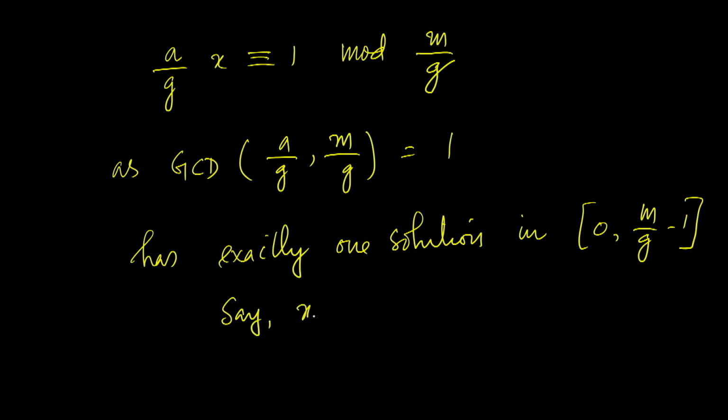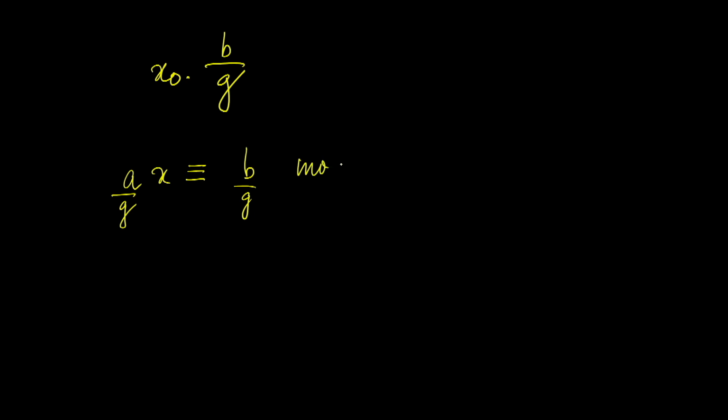Say x naught is that solution. So x naught is a solution of A by g times x congruent to 1 mod M by g. Then let us consider x naught times b by g and substitute this in the original congruence, A by g times x congruent to b by g mod M by g.